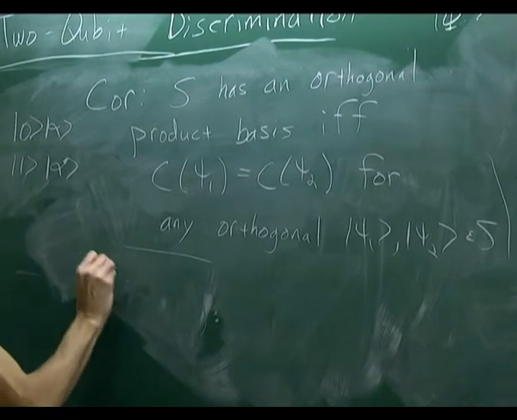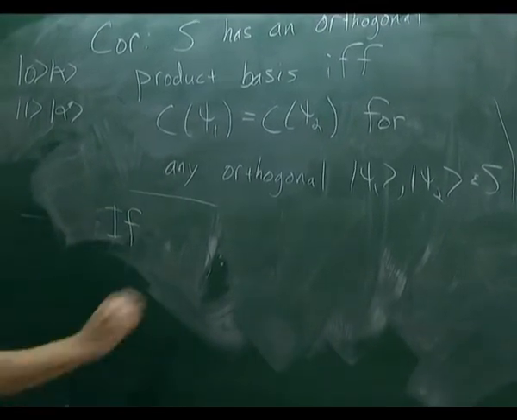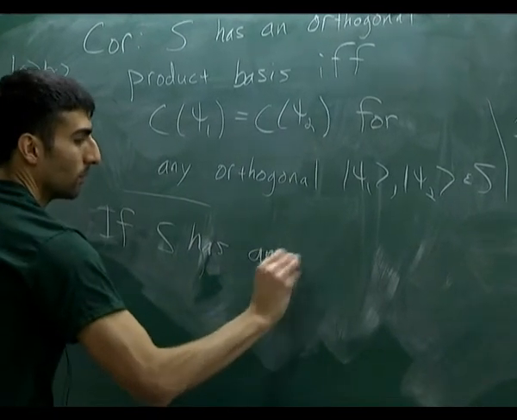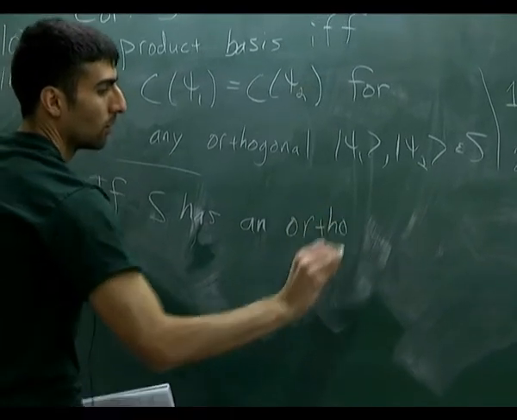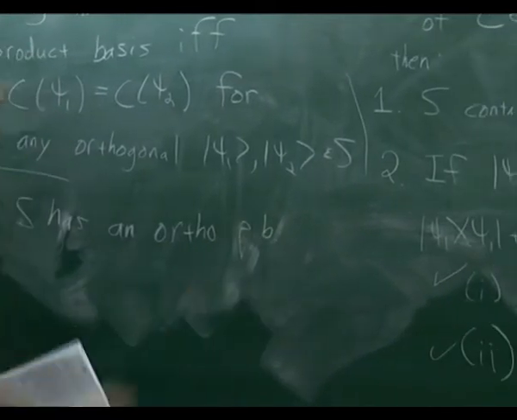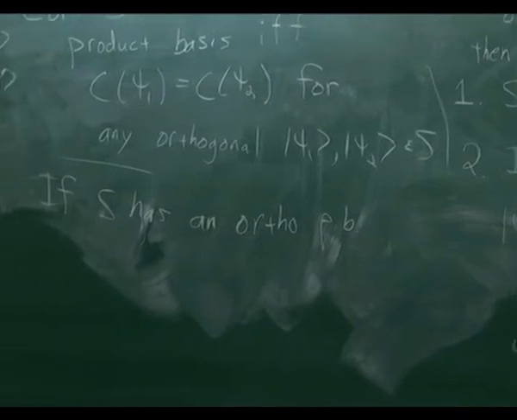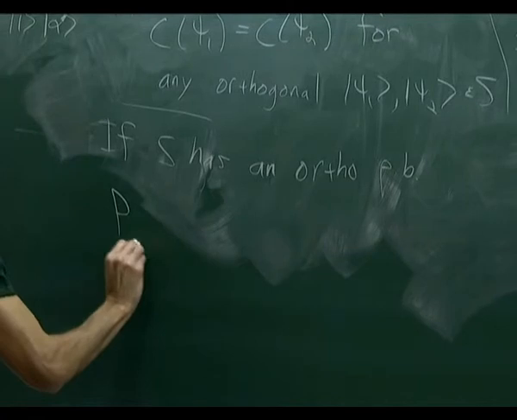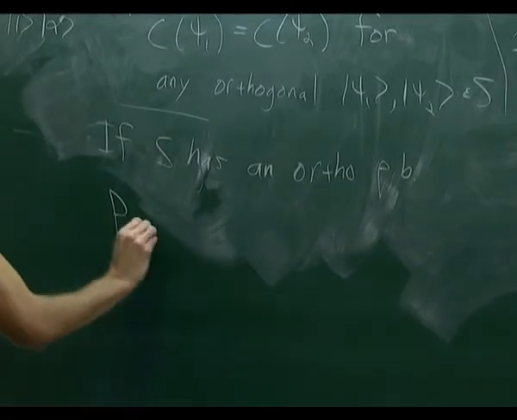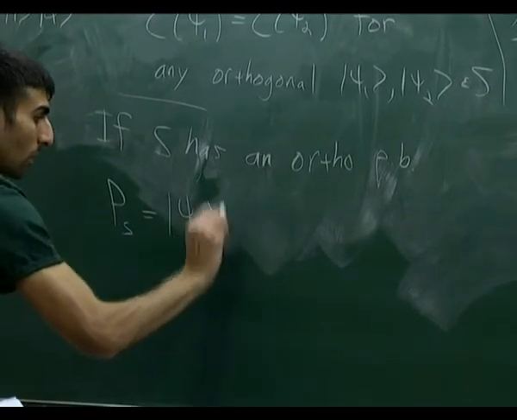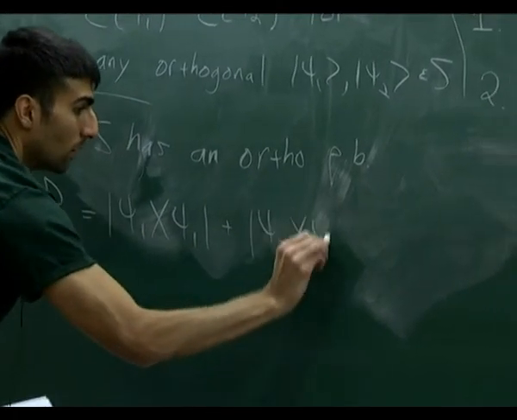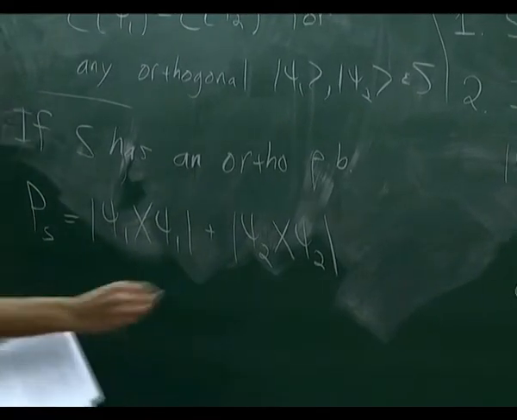So if S has an orthogonal product basis, then we know that this projector, psi 1 plus psi 2, is separable. Right? This is going to be separable.